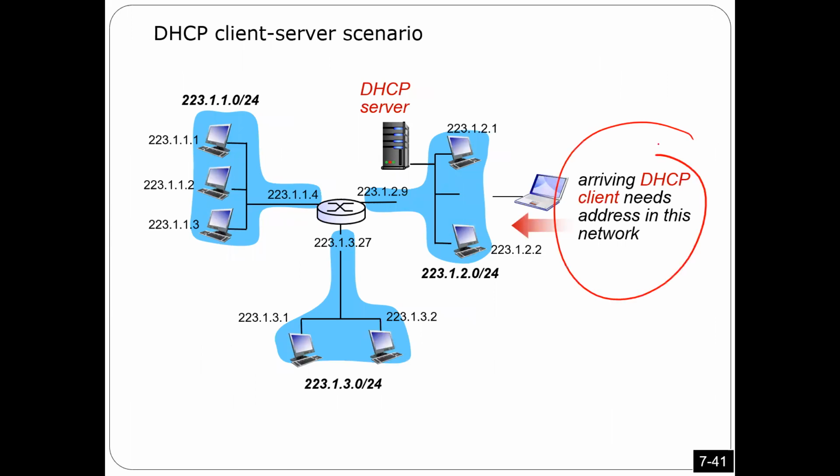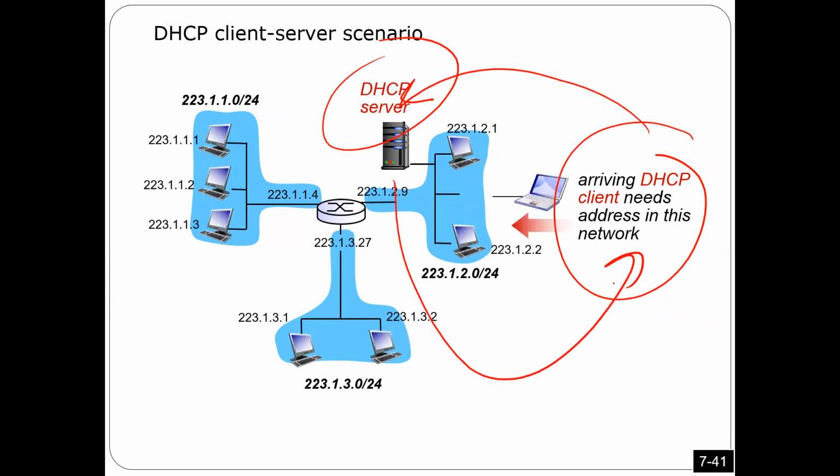Every time your computer joins Qatar University, it connects to the DHCP server and asks, hello server, please give me an IP address. The server gives you an IP address, and once you leave the network, this IP address is free so I can use it for someone else. You understand what I'm saying?